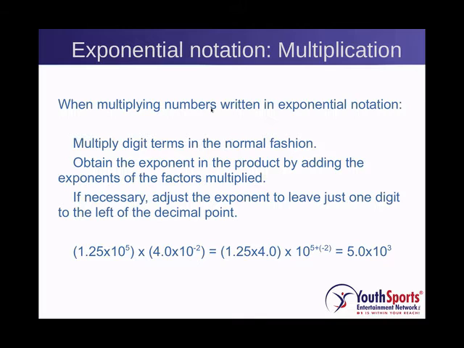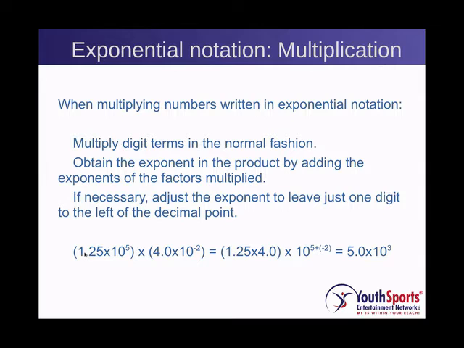When we are multiplying numbers written in exponential notation, you can multiply the numbers separately and the exponents can be added. So, for example, you've got 1.25 times 10 to the 5 multiplied by 4 times 10 to the negative 2.